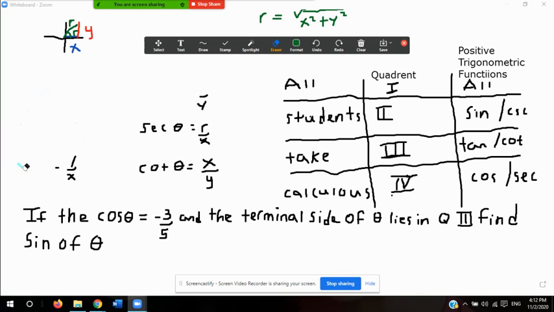So let me erase this so I can get some extra space, and that way I can illustrate what I'm trying to get at.